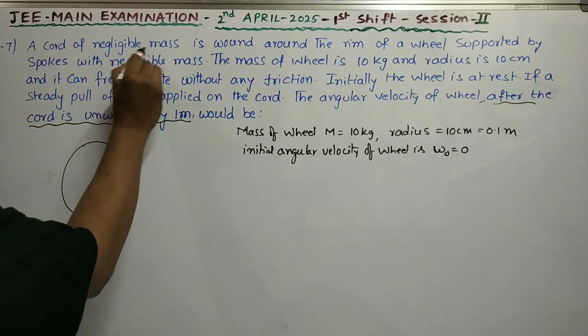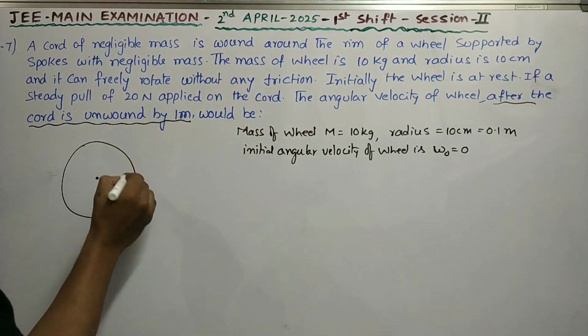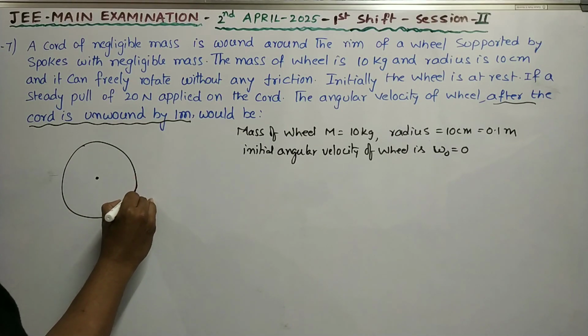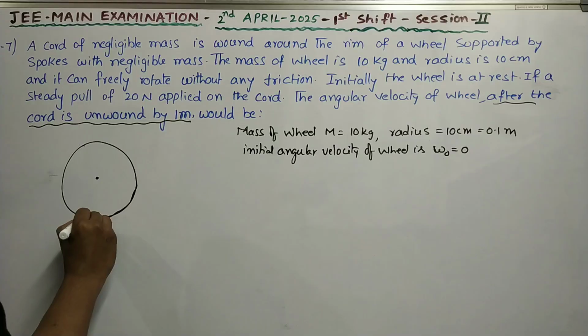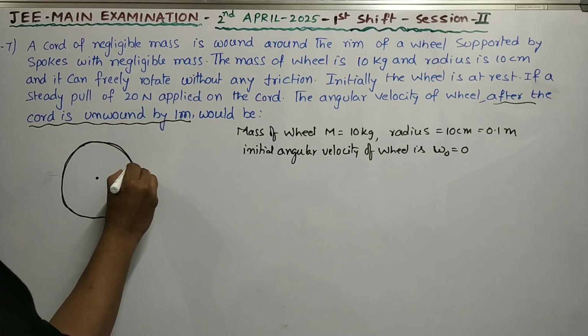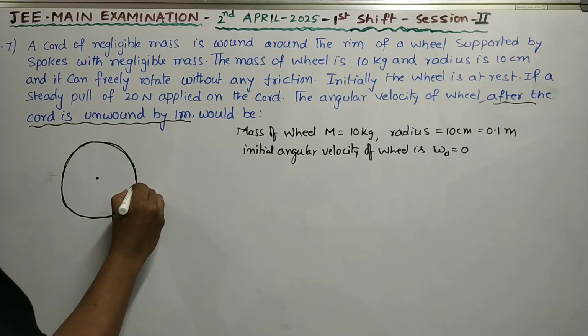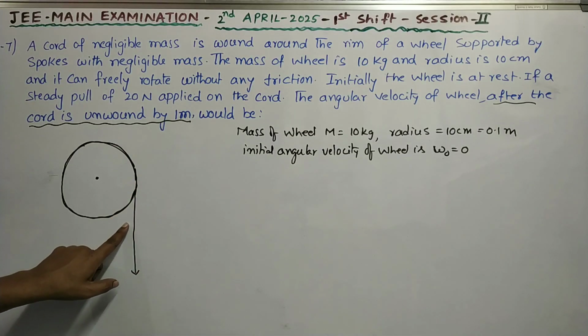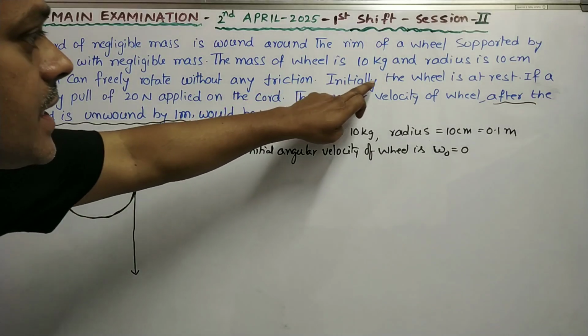A cord of negligible mass is wound along the rim. Okay, so this is the cord. Initially the wheel is at rest.